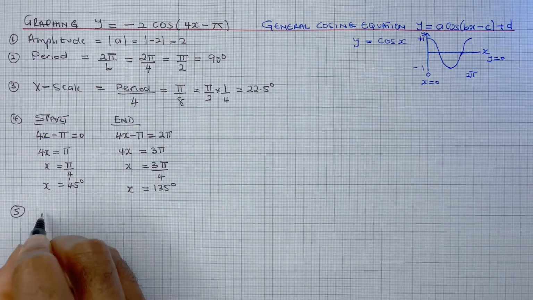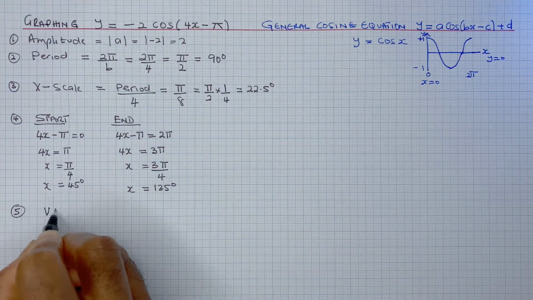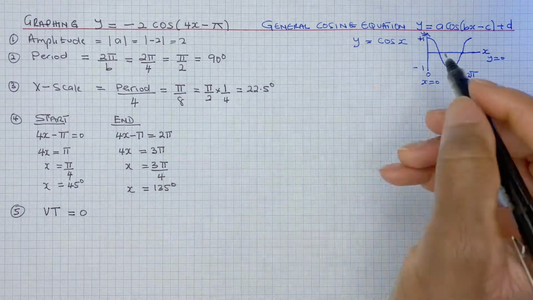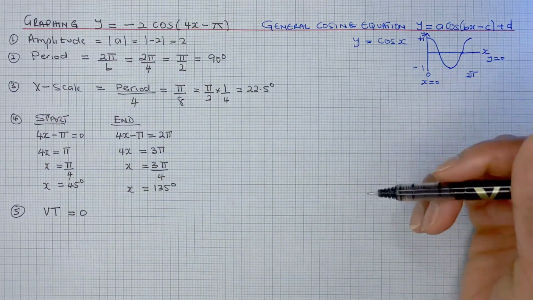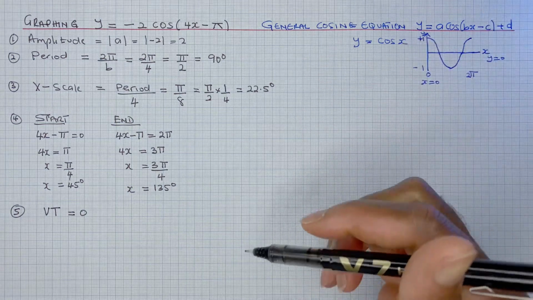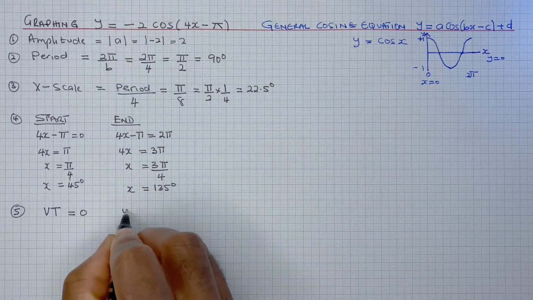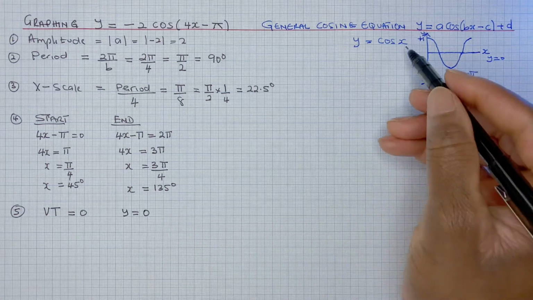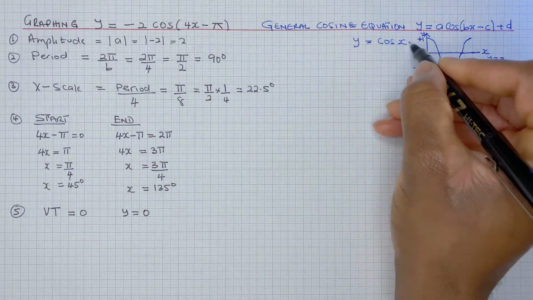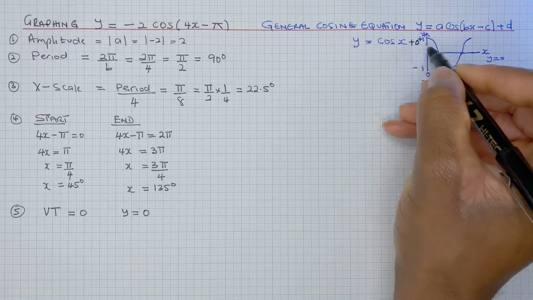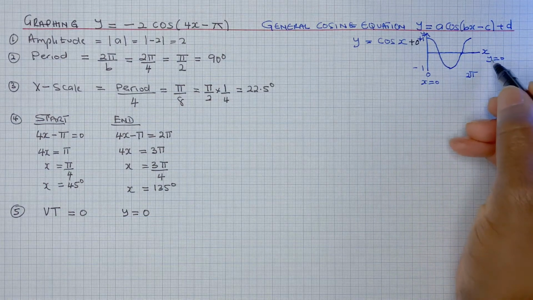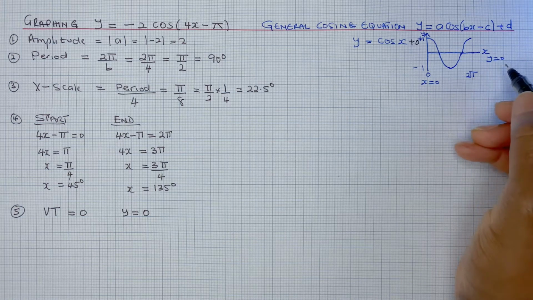Point number 5 is to look at any vertical translation. In this case, it's 0 because d is 0. D is the vertical translation, and therefore y equals 0. That means in this case, this is plus d, and d is 0, and that's why it's on the x-axis where y equals 0.